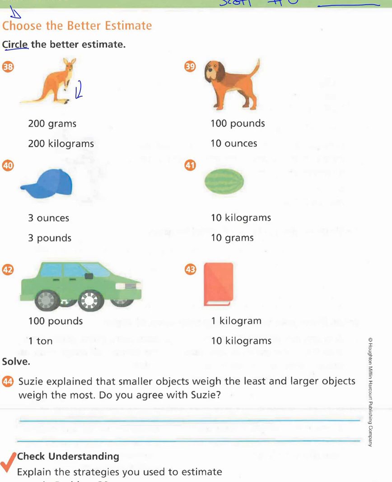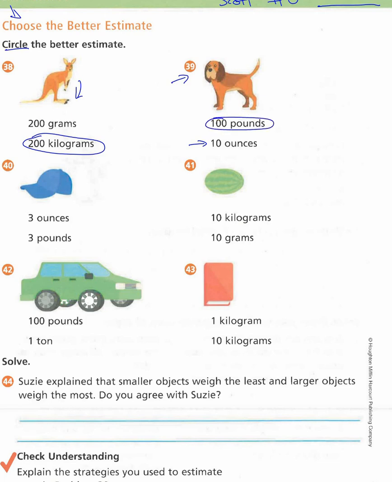Yep, hopefully you've chosen 200 kilograms. Now let's go ahead and look at number 39. The dog here looks like a pretty big dog, and especially when 10 ounces we know is less than a pound. So really the only answer that makes sense there is, yep, 100 pounds.